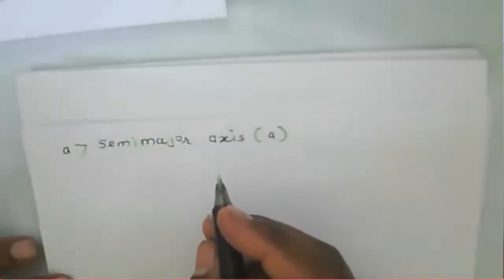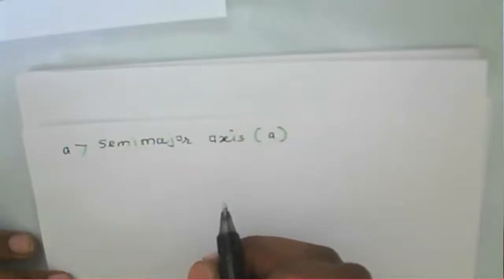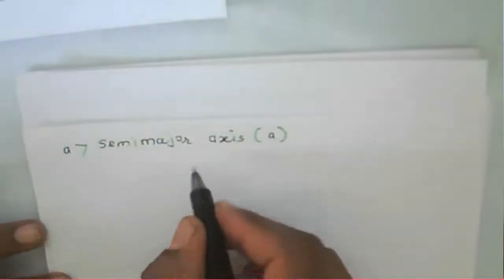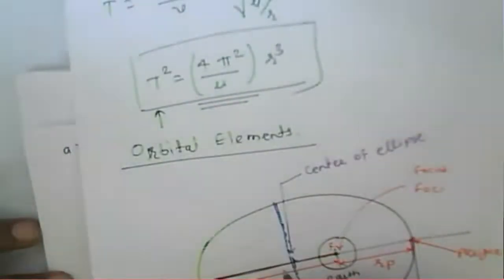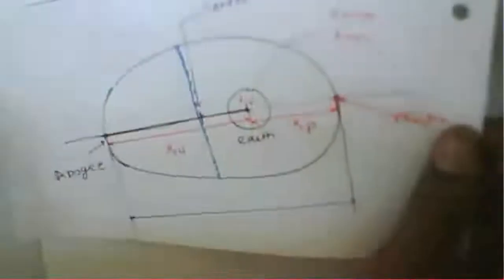In the case of the semi-major axis, it is a constant that is equal to the sum of the maximum and minimum radii of the orbit. So this is the maximum and minimum radii of this particular axis.